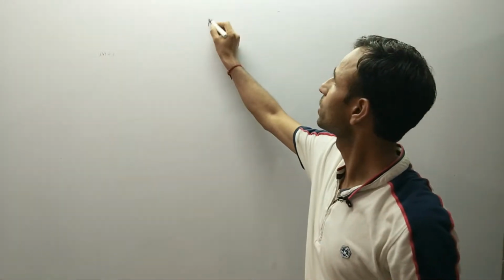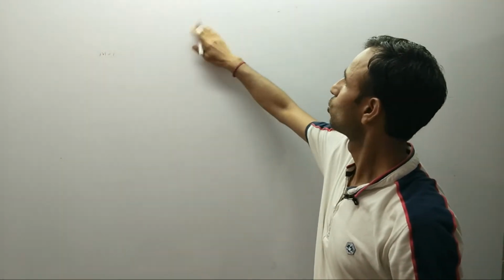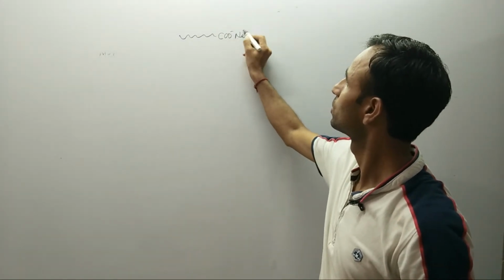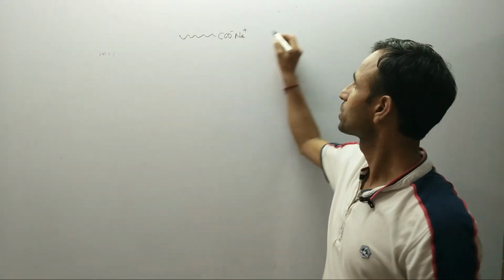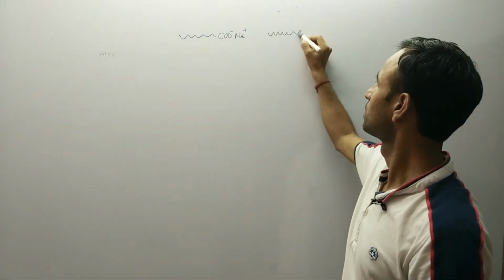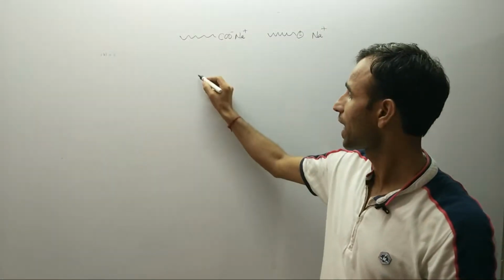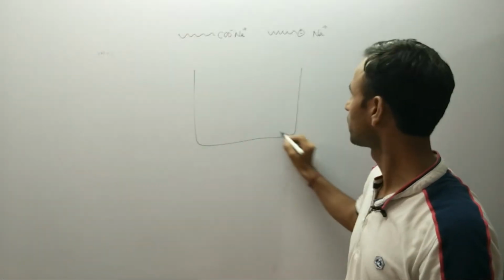Okay, so the mechanism of micelle formation. Actually, soap is the sodium salt of a higher fatty acid. So at low concentration it behaves as a strong electrolyte, but at higher concentration what happens in the water?